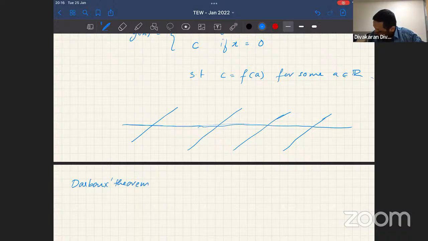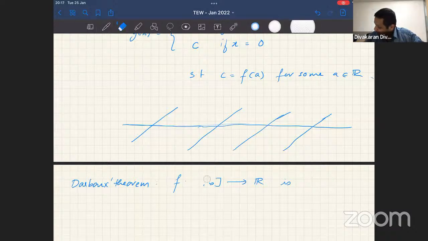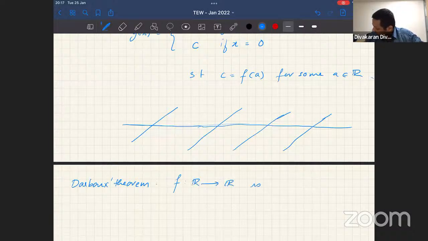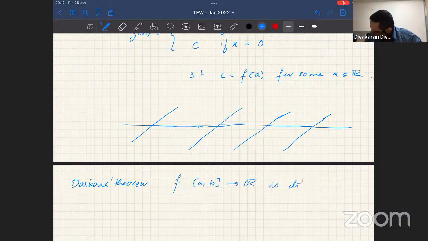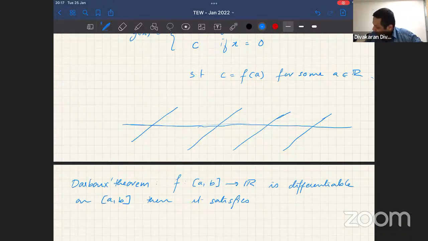The theorem is called Darboux theorem. What does it say? If f from [a, b] to R is differentiable on the closed interval [a, b], then it satisfies IVP.